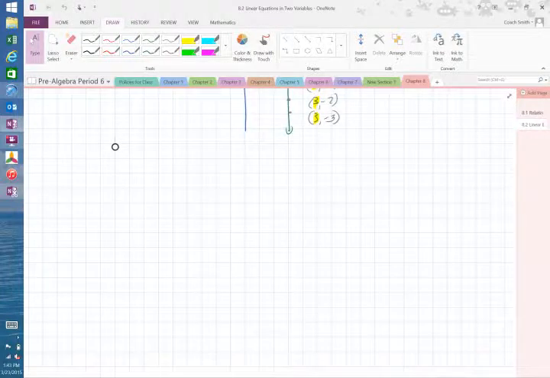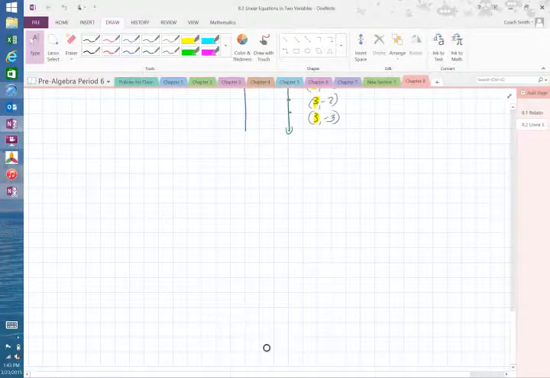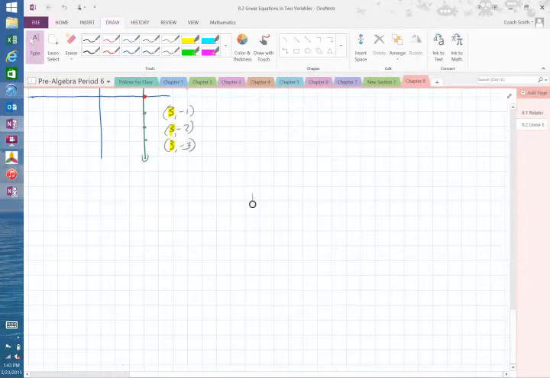Okay, now look at number 21. Number 21 says y is equal to negative 5. Okay. Does this need a graph?